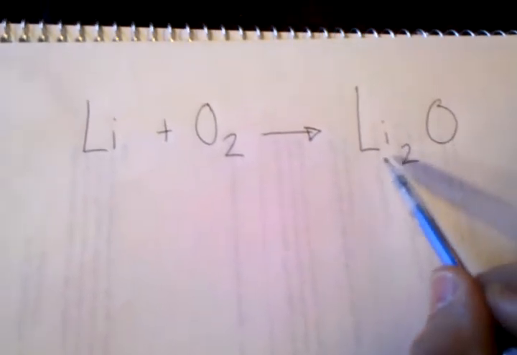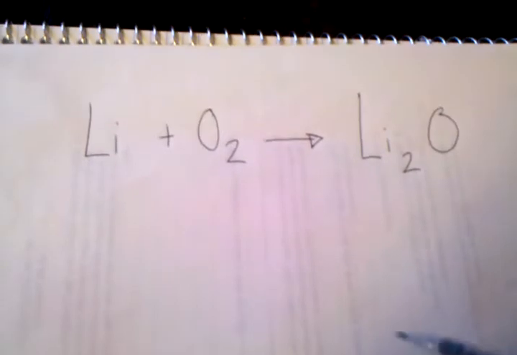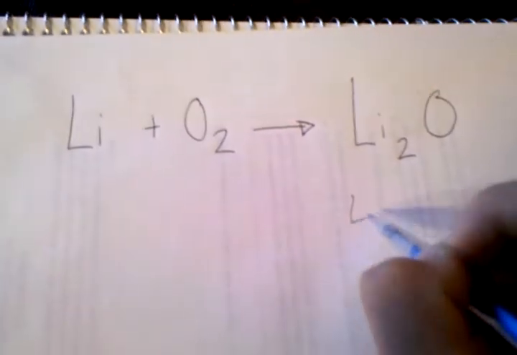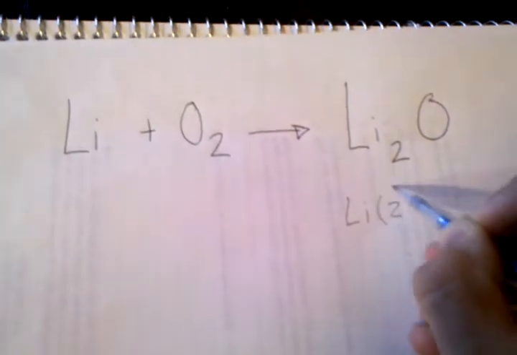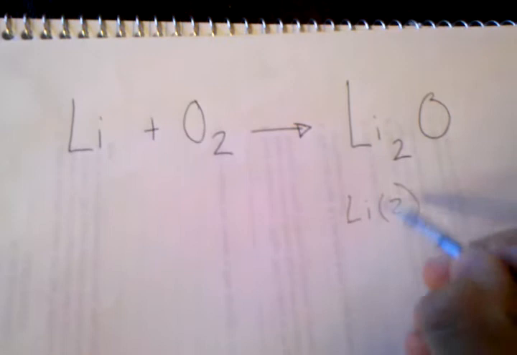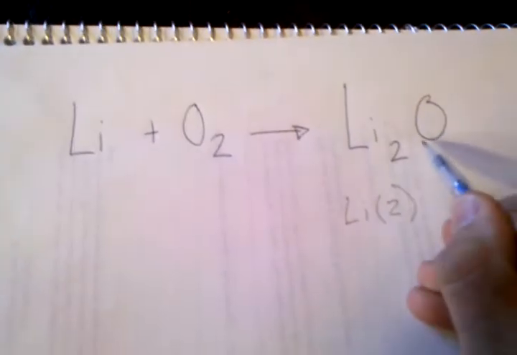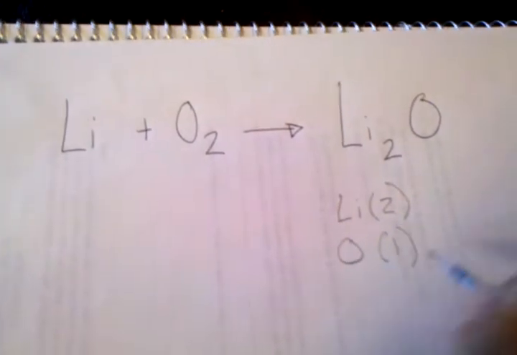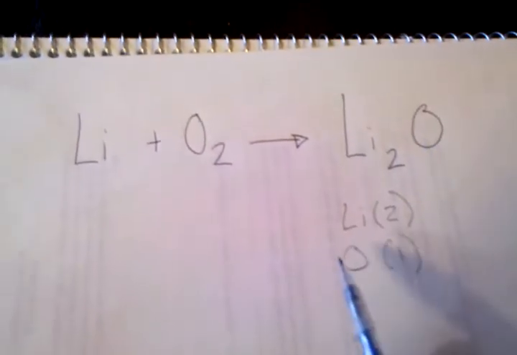So we'll start with the right hand side. Basically what you want to do is add up how many atoms are on each side. Starting with the lithium, I see that I have 2 total lithium atoms, and that's indicated by the subscript times the lithium. I have only 1 oxygen atom. So that's everything that I have on this right hand side.